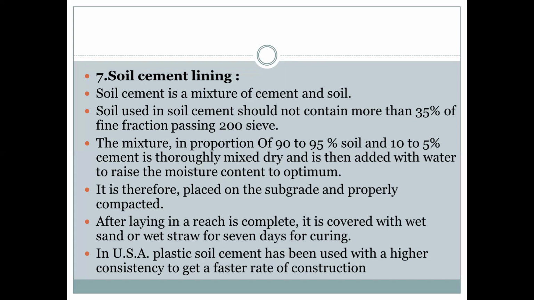In USA, plastic soil cement has been used with higher consistency to get a faster rate of construction. They have used the plastic soil cement with higher consistency so that the laying of the mixture will be faster.